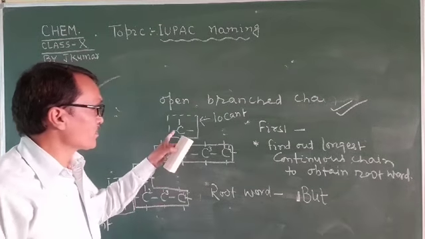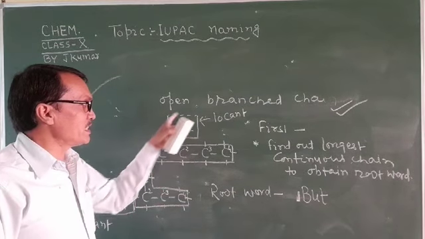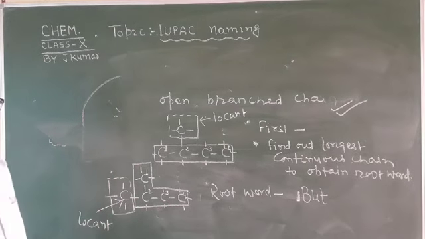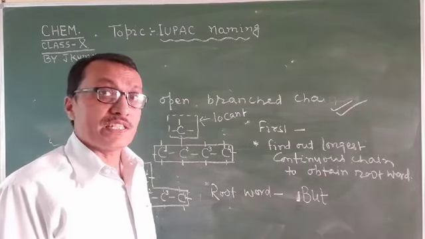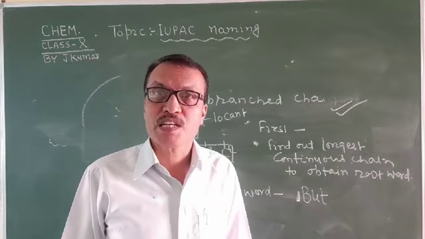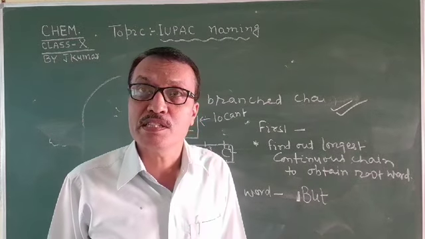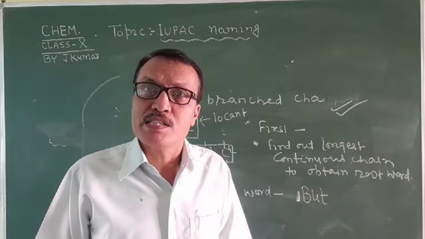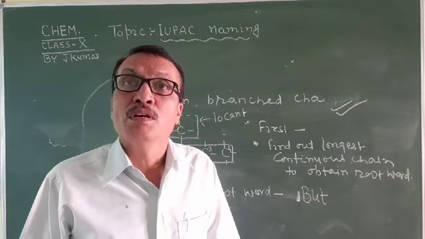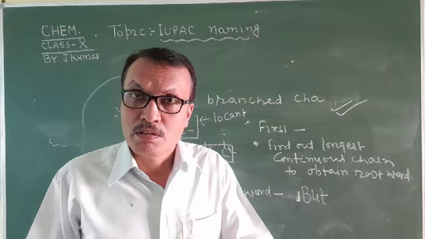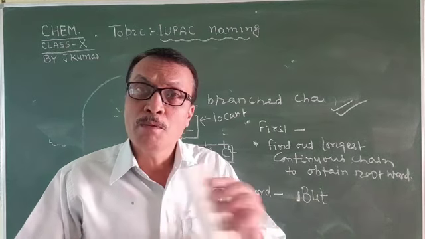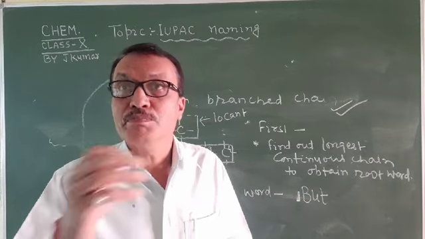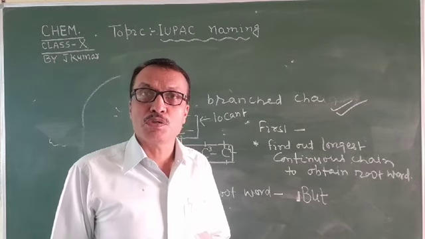So here this carbon is a locant, and in this chain this carbon is a locant, and locant is preferred during the IUPAC name. Preferred means during the IUPAC name, first of all locant should be named.